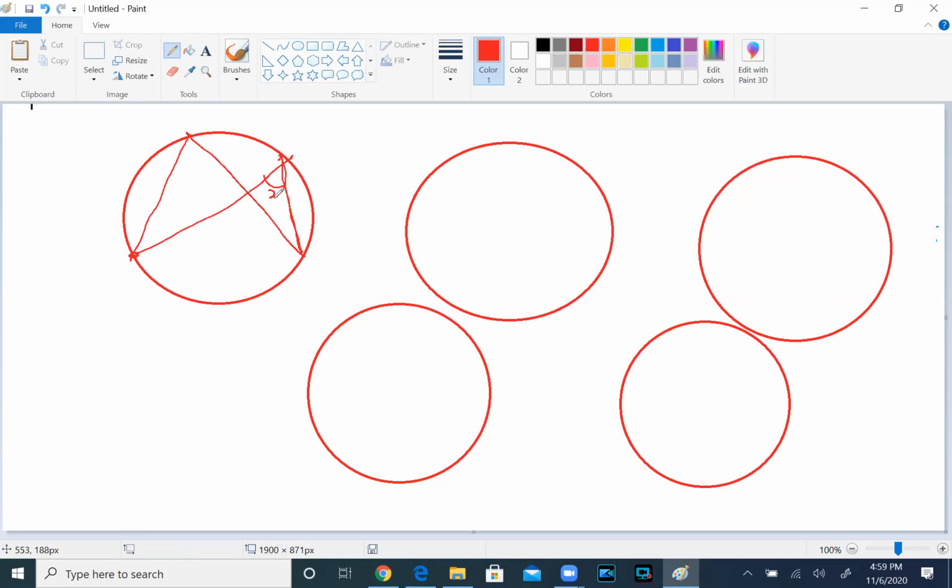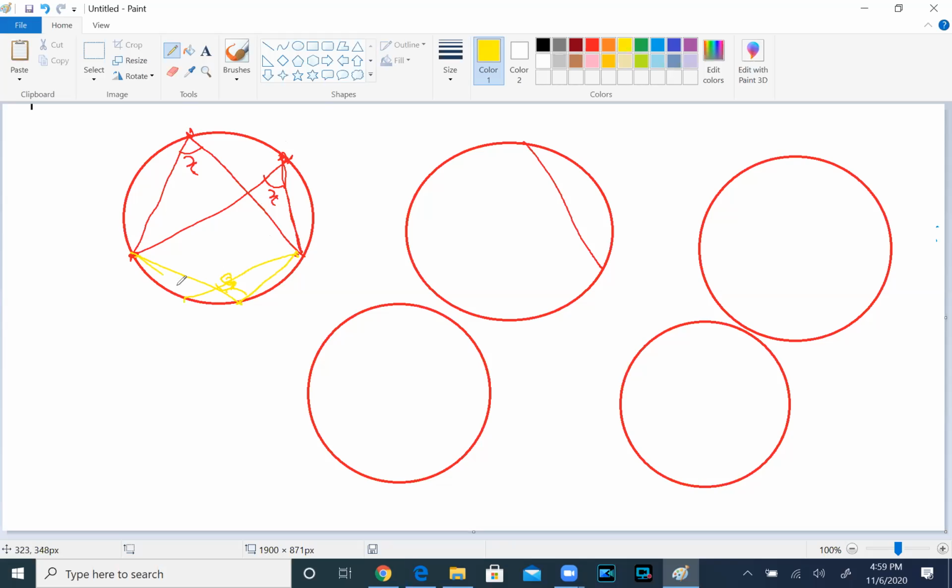If this is X, this is also going to be X. These are angles subtended from the same 2 points to the circumference, in the same segment. If you draw an angle on this side, it won't be equal to X, but it will be equal to Y.